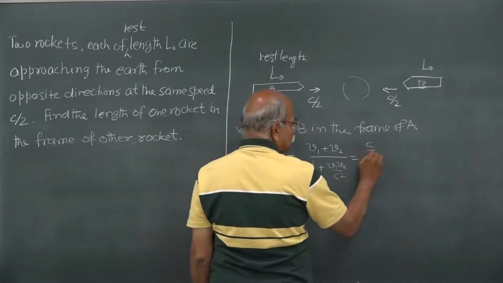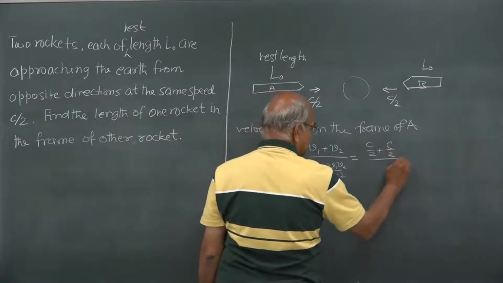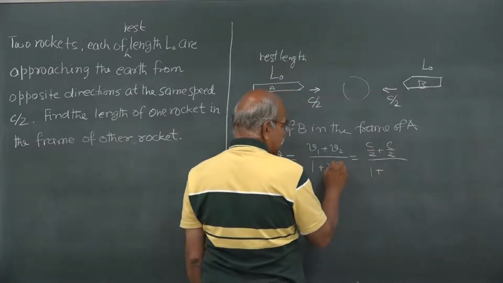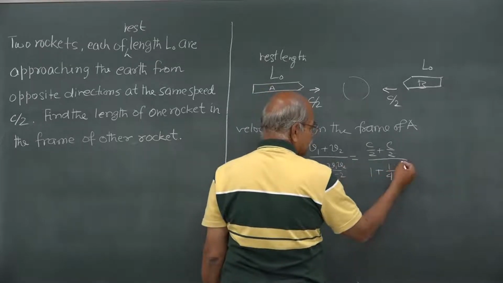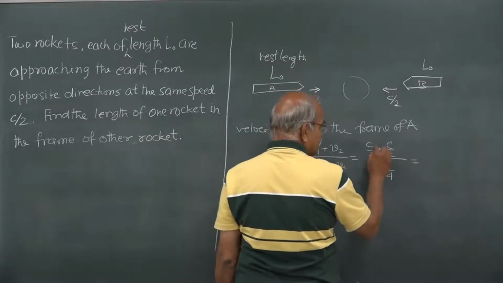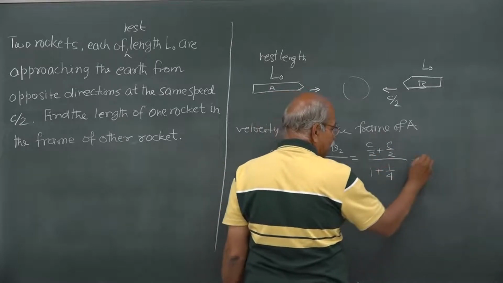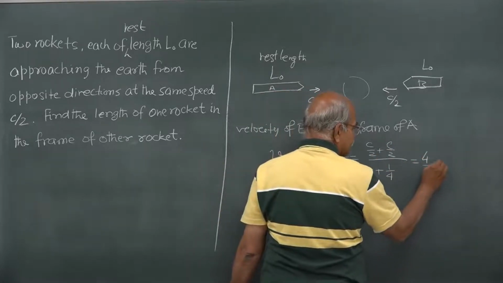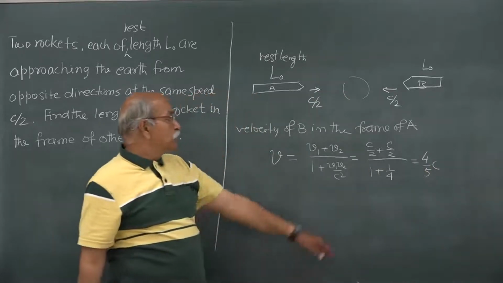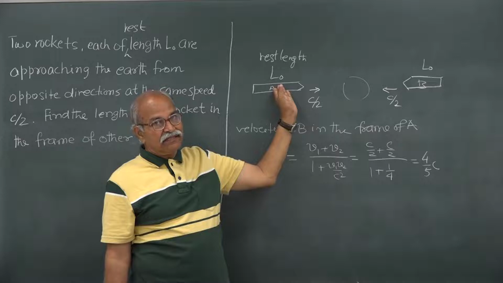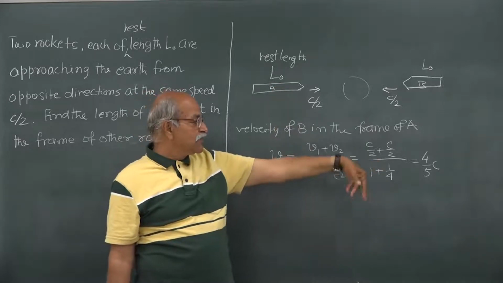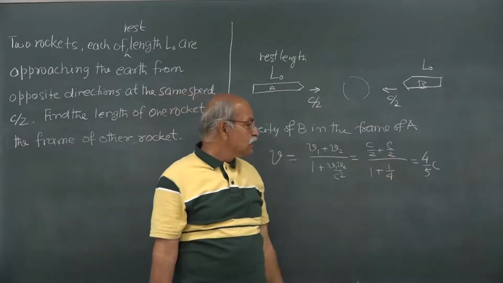So, c by 2 plus c by 2 divided by 1 plus c by 2 into c by 2, so that is 1 by 4, and then c square by c square is 1. So, it is c, this is 5 by 4, so it is 4 by 5 c. So, speed of this rocket in the frame of this rocket will be 4 by 5 c according to Lorentz transformation.